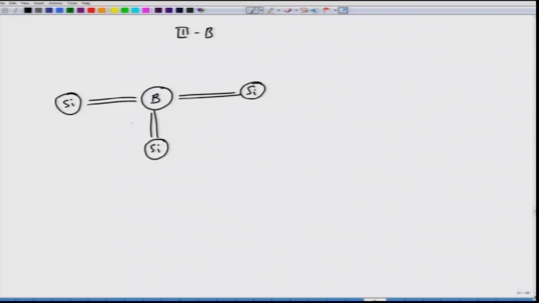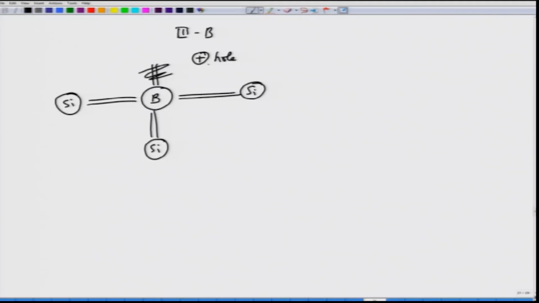Now, because there are 3 electrons which have been bonded, there is a fourth bond which is now empty. So, that particular bonding becomes available to us and it will contribute to a hole. It does not contribute to an electron because the electron is tightly bound to silicon. It can't just go and start roaming around in the silicon.